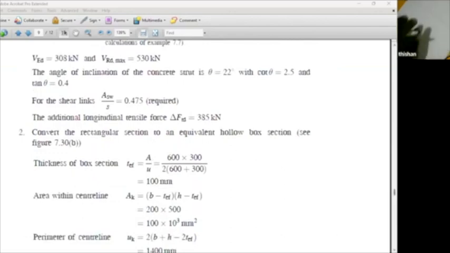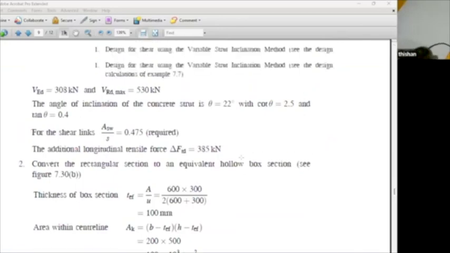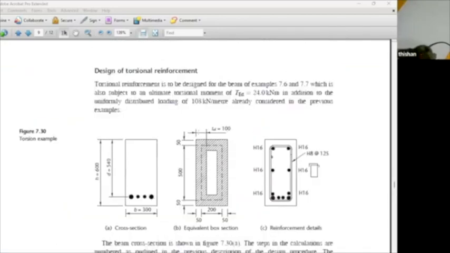the thickness of the box section is equal to A divided by U. So we have to find what is U, what is A. A is the total area of the section, so A is 300 multiplied by 600.